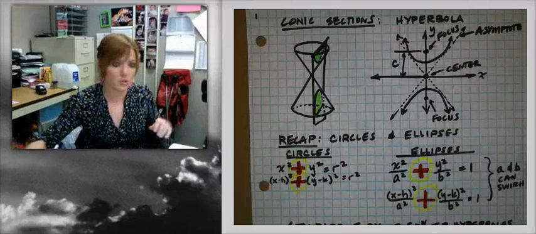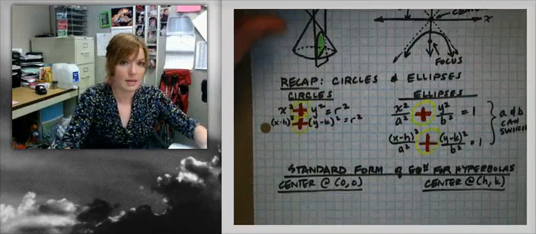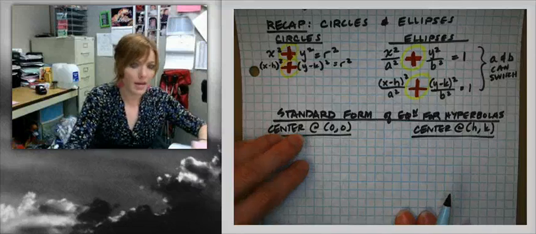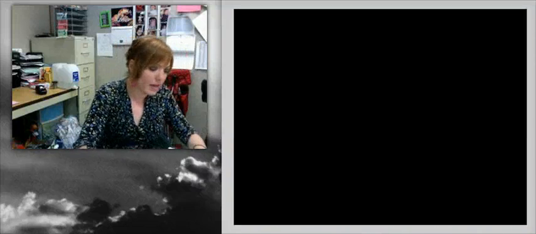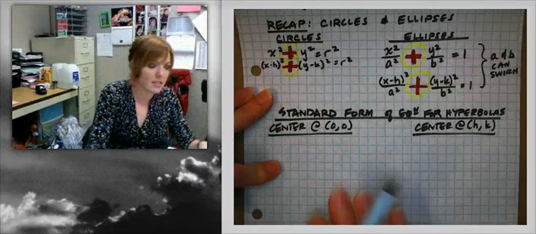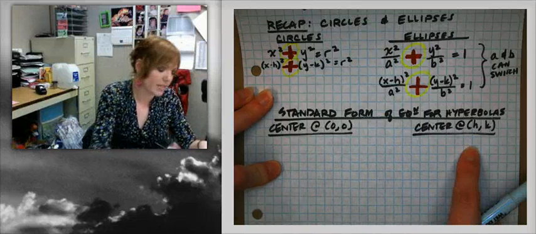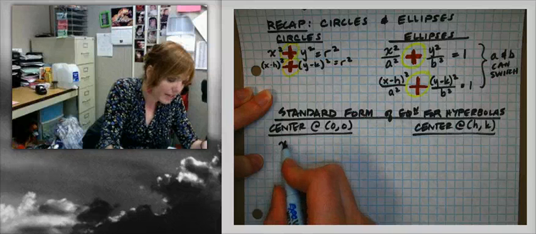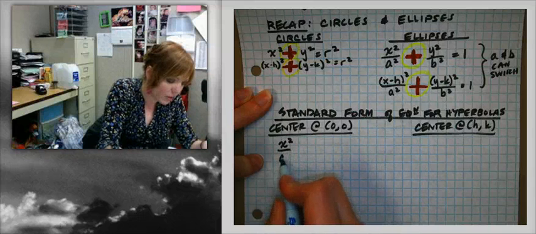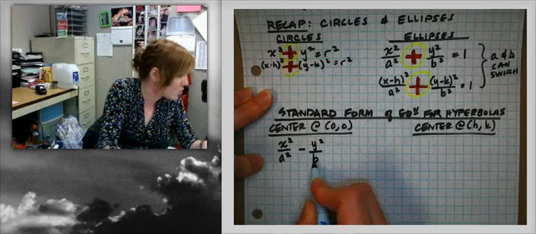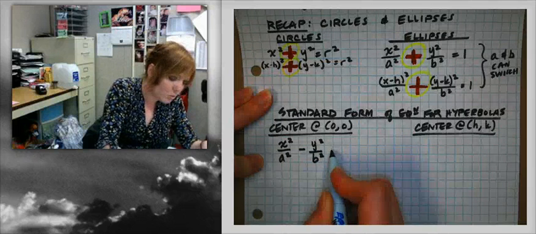All right, so now I can take this away. Let me move this up just a little bit to make sure you guys can see it all. Okay, so standard form for an equation for hyperbolas. Center at 0, 0, center at h, k. So, center at 0, 0: x squared over a squared minus y squared over b squared equals 1.